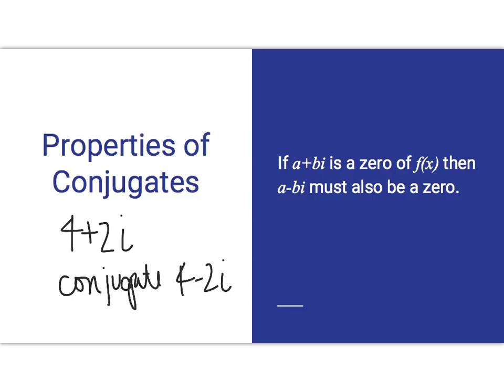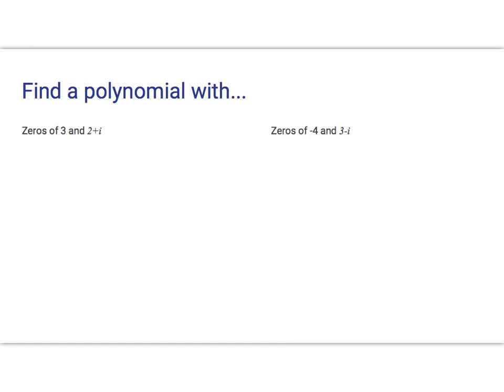So the conjugate theorem says that if a + bi is a 0, so for example, if 4 + 2i was a 0, then 4 - 2i had to be a 0 too. And we talked about that a little bit on Monday, because we had a problem where we talked about the fact that the i's have to do with square roots. When you take the square root, there's always a positive and a negative. So if you know 1 zero, you actually know 2 zeros.